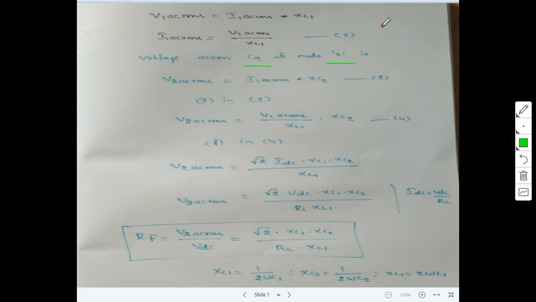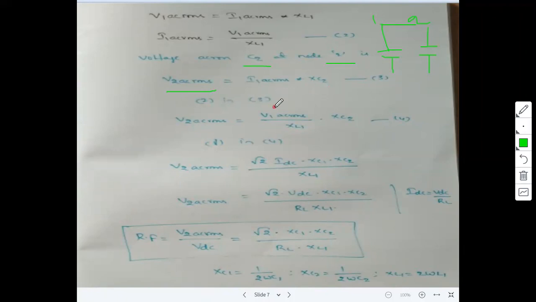This is a pi network. Here the first section is node 1 and the second section is node 2. Now V2 AC RMS is equal to I1 AC RMS into XC2. Why? Because here also there is a capacitor.